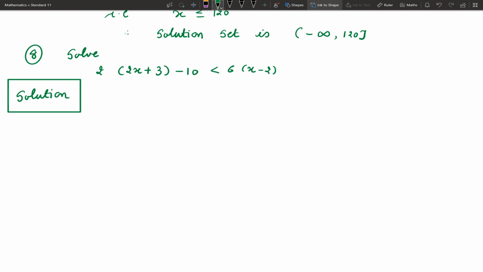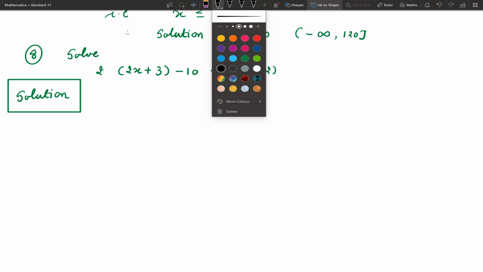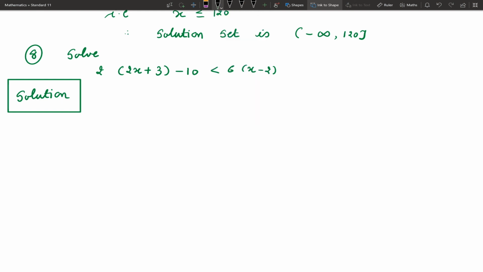First we simplify this inequality. We have given 2 into bracket 2x plus 3 minus 10 less than 6 into x minus 2.